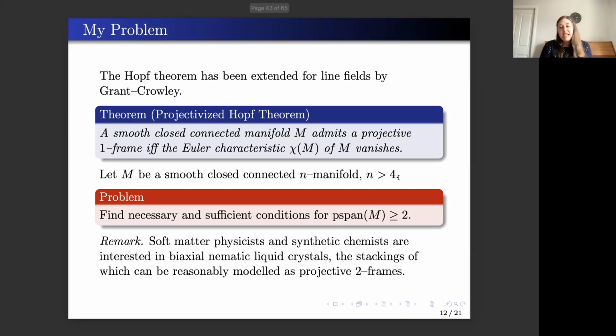I should just say that there is some physics motivation for doing this, although I don't personally care that much about it. Soft matter physicists and synthetic chemists are interested in these biaxial nematic liquid crystals, which I think are really important in electronics and stuff. Apparently you can use projective 2-frames to model these things. So they're really looking for some kind of projectivized Hopf theorem in this case, although I really don't think there's any such thing.